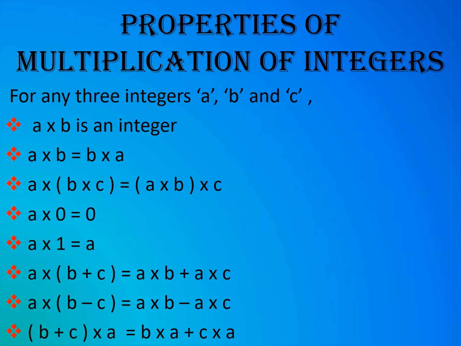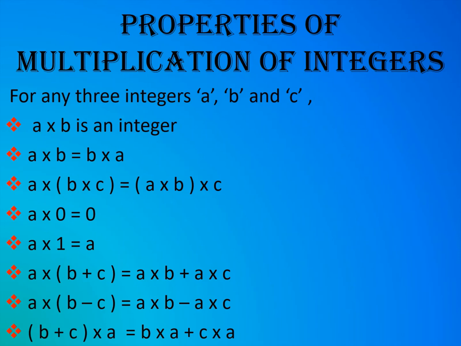Then the fourth property says if we multiply a by 0, then the product is also 0. And if we multiply a by 1, then the product is a. Then a multiplied by (b plus c) is equal to a multiplied by b plus a multiplied by c.